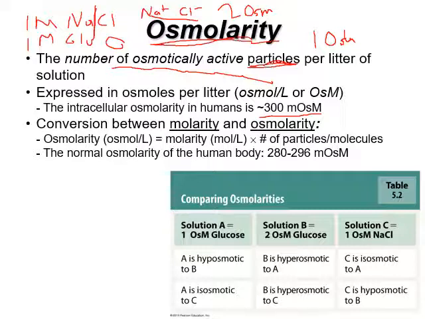So there's conversion. We got a number of particles formed in solution. Again, ionic compounds dissociate, so they form more than 1 particle, but covalently bonded molecules only form 1. Okay, so we can take comparisons between solutions.